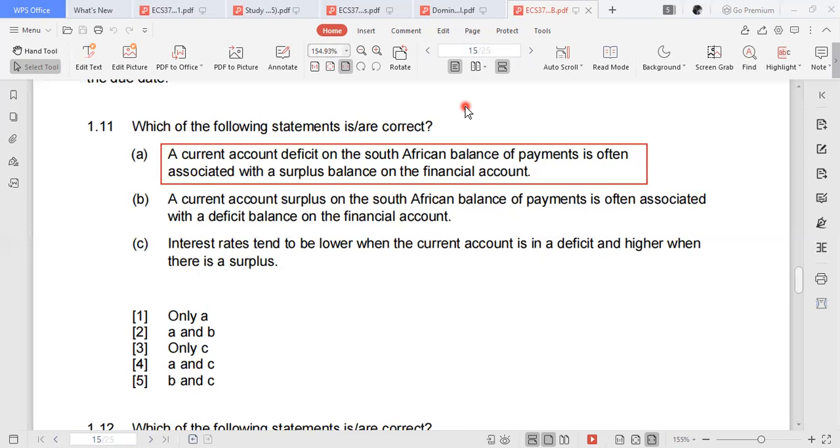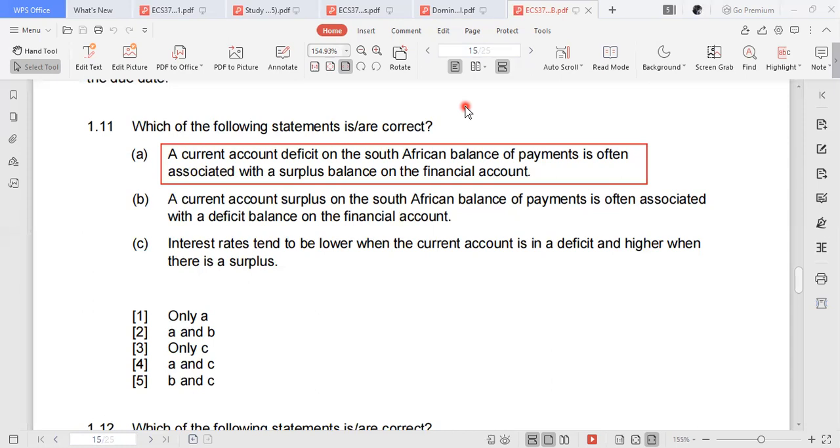Option A and B. Okay. So Sia has taken into account the fact that within the concept of the BOP, whenever we have one account on a deficit, it means the other account is on a surplus. Is that what you're saying? Yes. Okay.